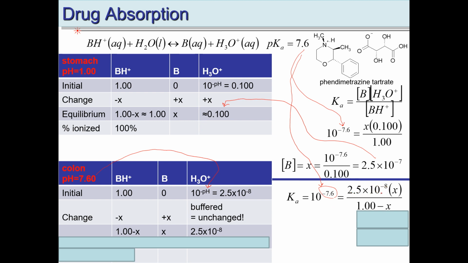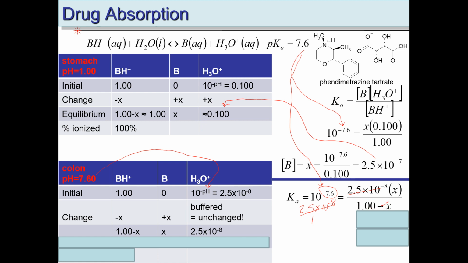And this one looks like we might need to use the quadratic formula, but coincidentally, this number right here, 10 to the minus 7.6, is 2.5 times 10 to the minus 8. And so these cancel. That's convenient. So there's a 1 on the left, an X on the right, and 1 minus X on the bottom.